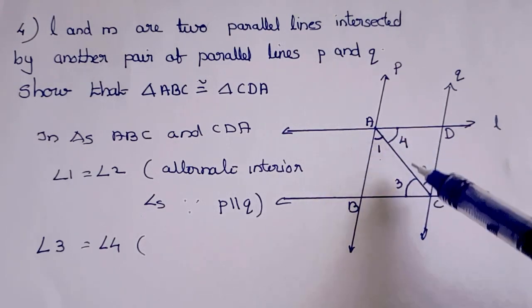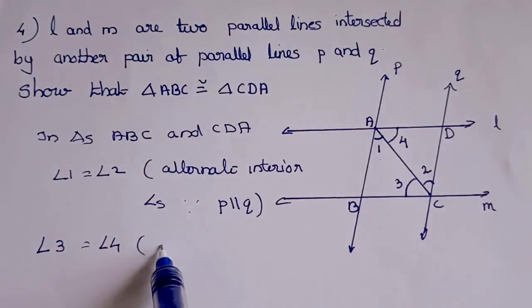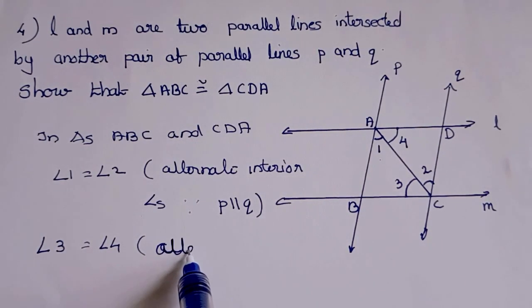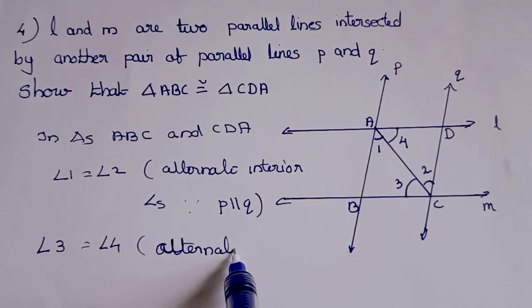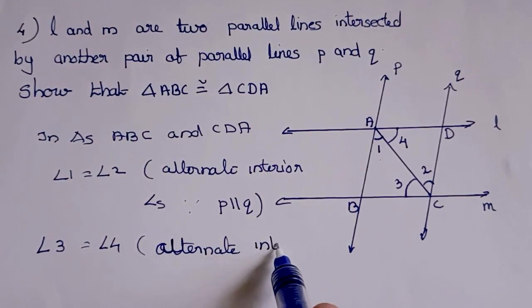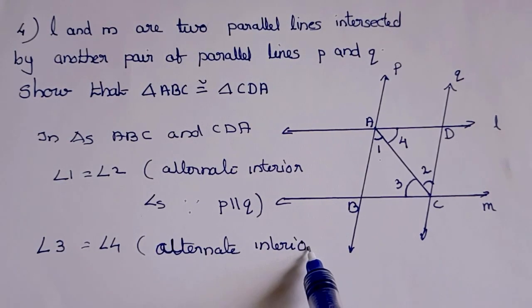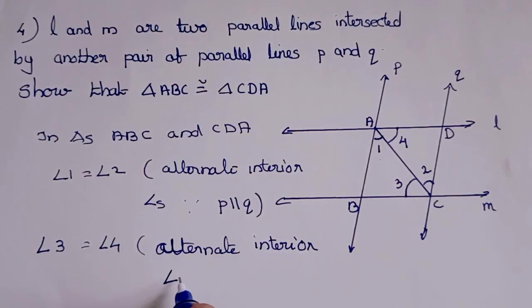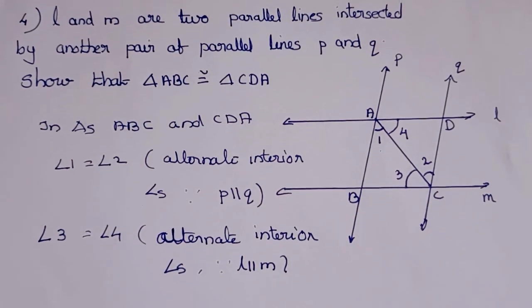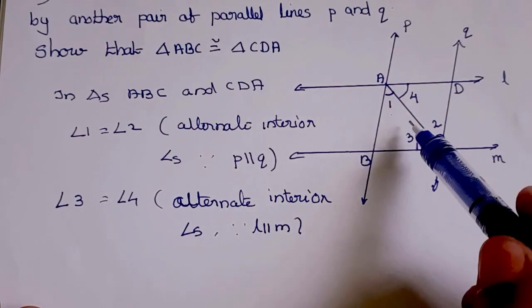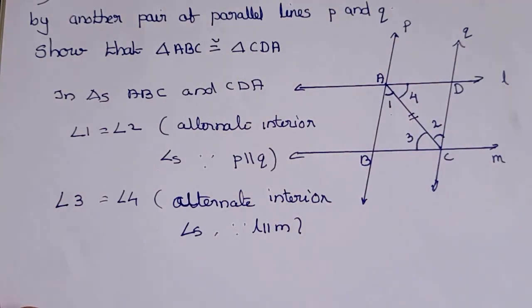So we get angle 3 equal to angle 4, reason alternate interior angles, since L is parallel to M. Here the parallel lines are L and M, again the same transversal AC. And we have AC equal to AC, reason common side.